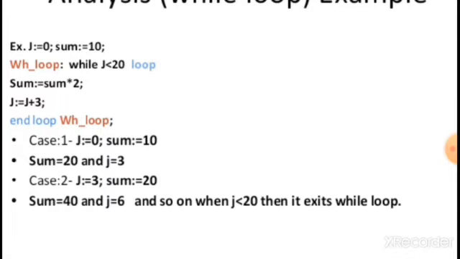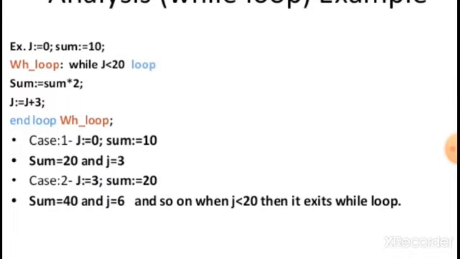And next, what happens? Because of the end of the loop statement, the control goes and checks this condition once again in the while loop. What is your j value? Your j value is 3. Is 3 less than 20? Yes, once again the condition is true.